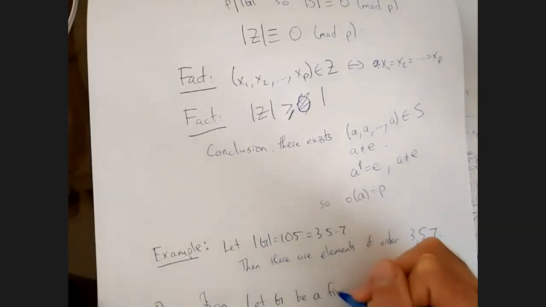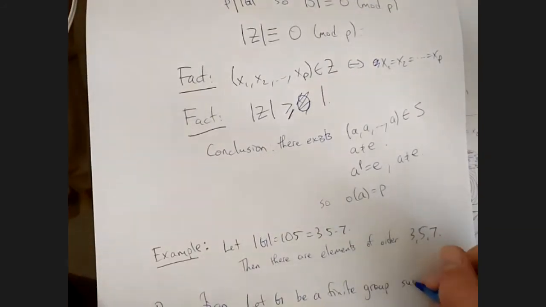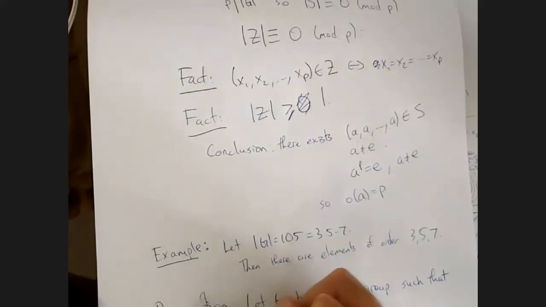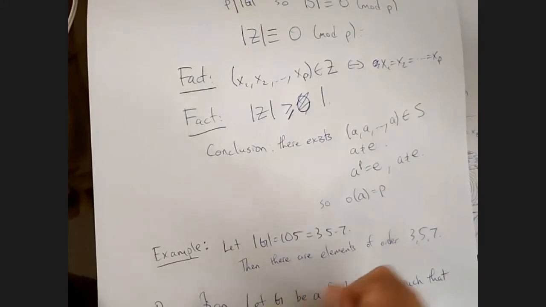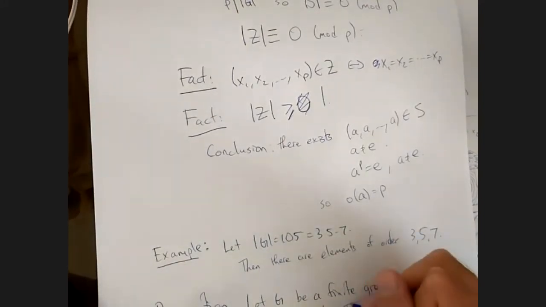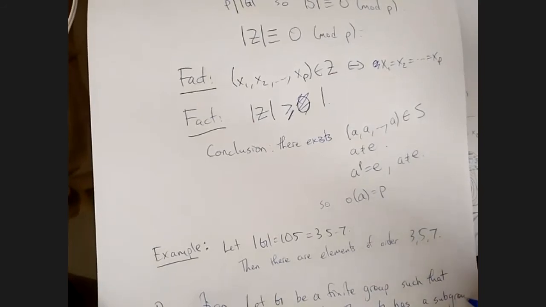Let G be a finite group such that p to the k divides the order of G. Then G has a subgroup of order p to the k.